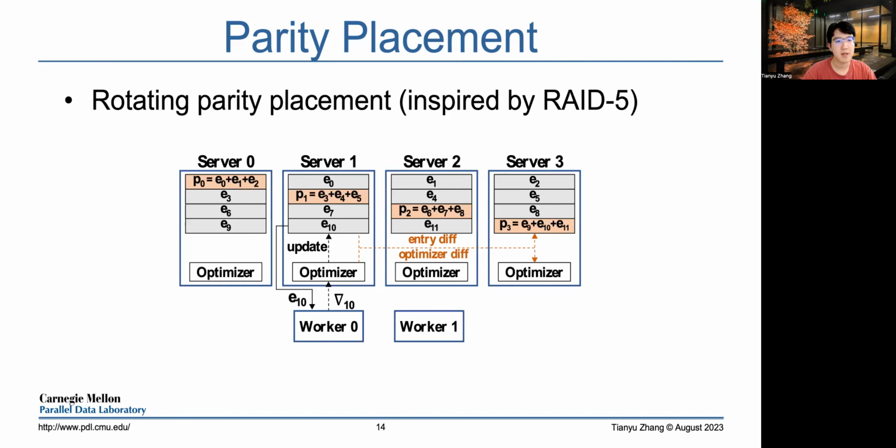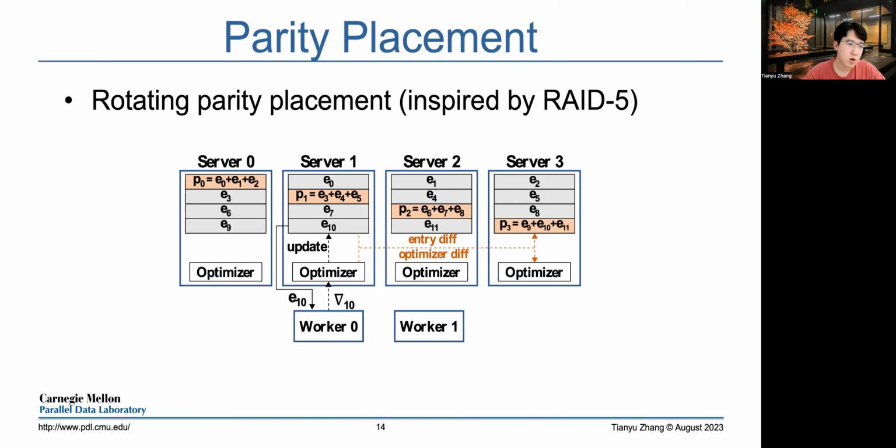So for parity placement, the first thing to note here is that we want to place the parity entries on a different server than any of its constituent entries. In this diagram, you can see that, for example, P0 is placed on a different server than E0, E1, E2, and the same for P1, P2, and P3.